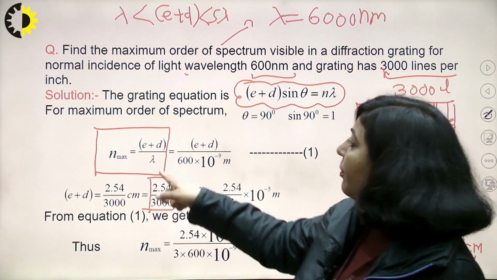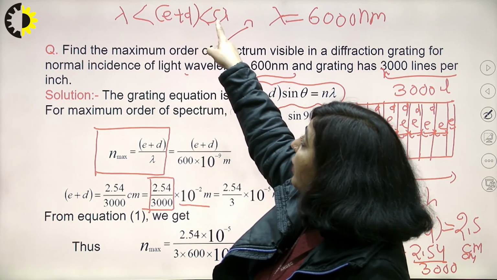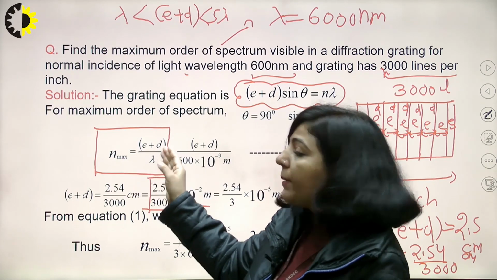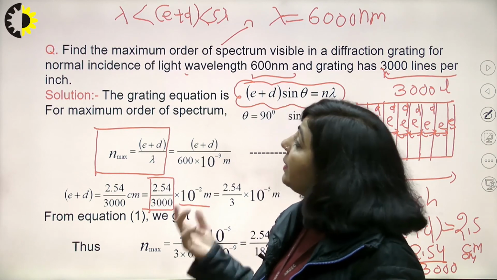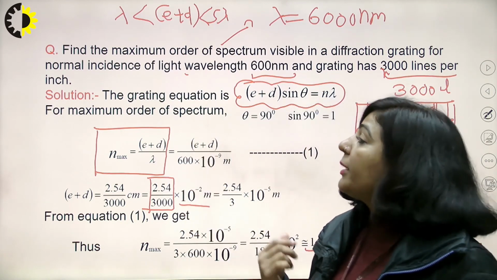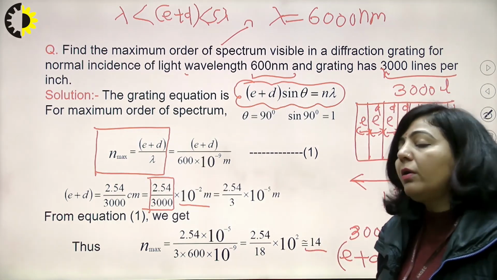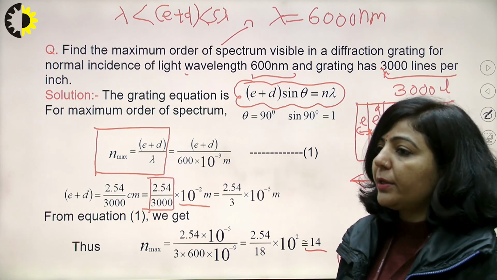You know the maximum possible order is given by E plus D by lambda. You can see the maximum value is less than 5 lambda here. It means the maximum possible order will be less than 5, so less than 5 means 4. In that case, the maximum possible order for this particular grating is 4. So this is the way you can solve numericals based upon the plane transmission grating or diffraction grating.